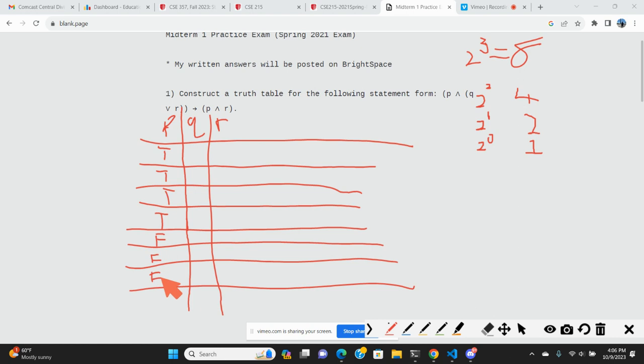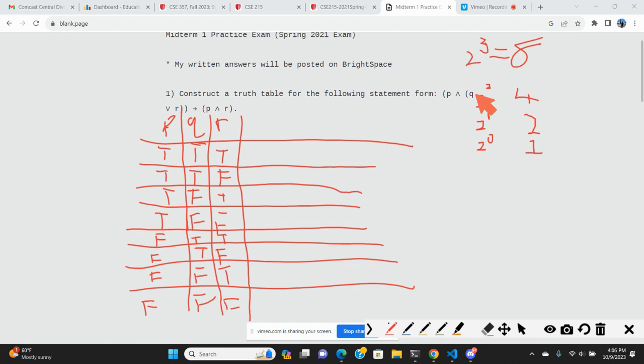Q would then alternate every 2: true, true, false, false, true, true, false, false. And similarly for R: true, false, true, false, true, false, true, false.